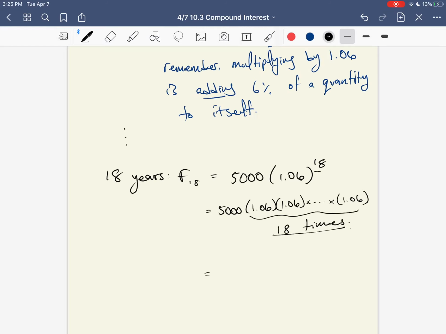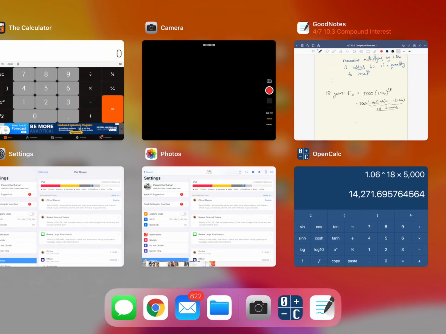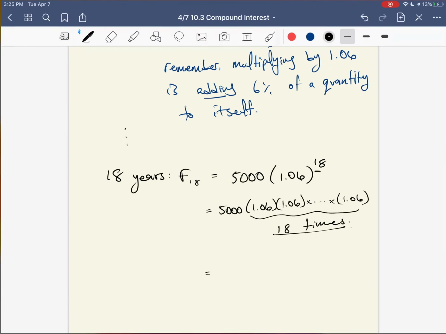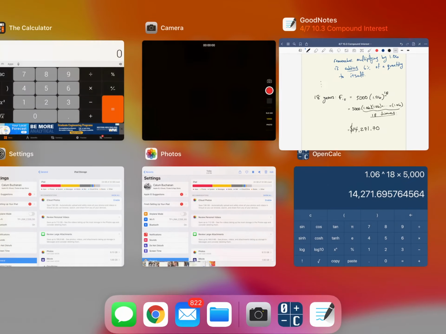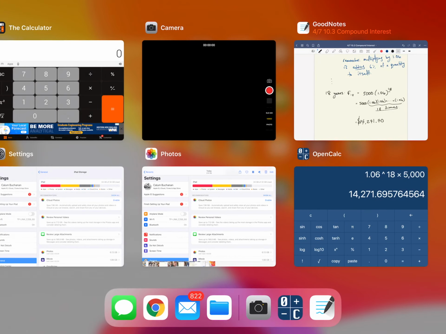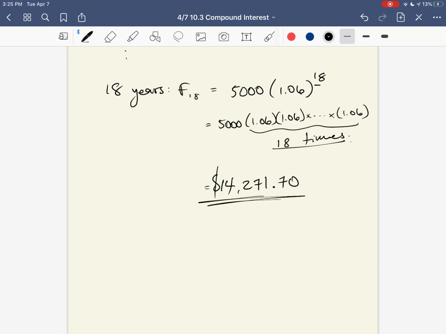So this was, what was it? 14,271. And 70 cents, I think, is what it rounded to. Yeah, 69.5 rounds up to 70. Good. So this is how much money you will have after 18 years in your trust fund.